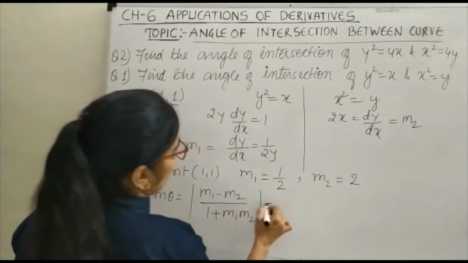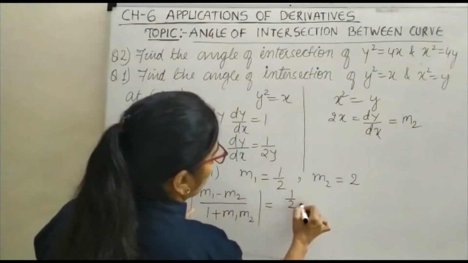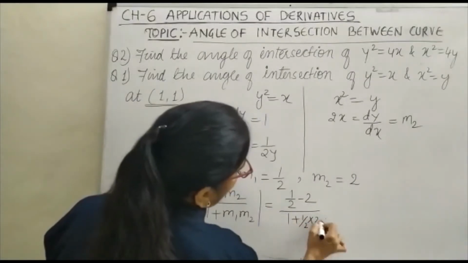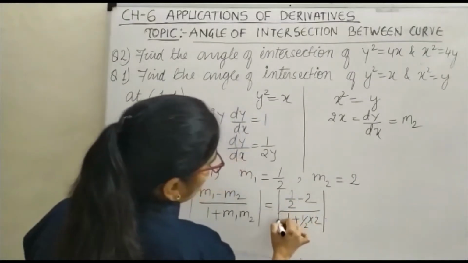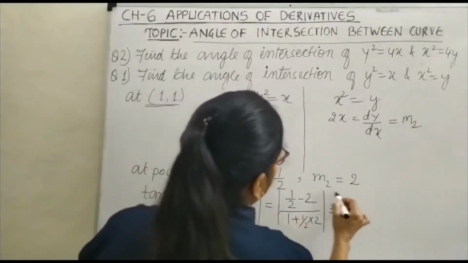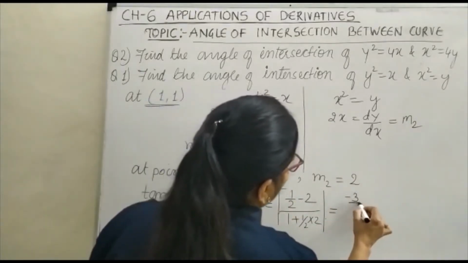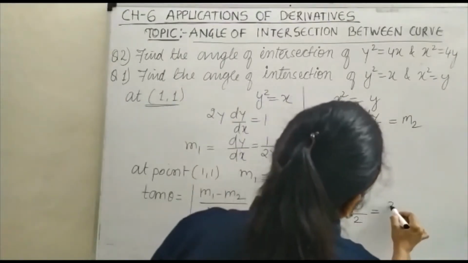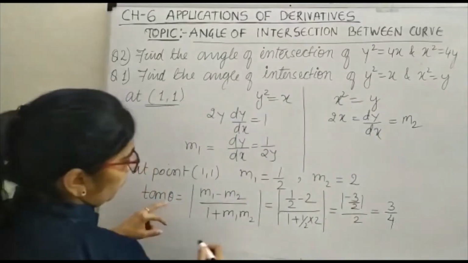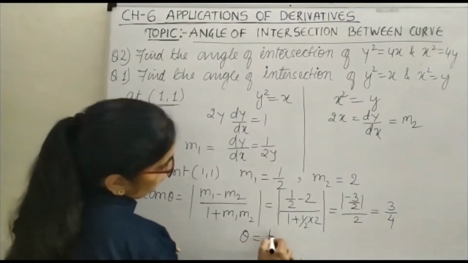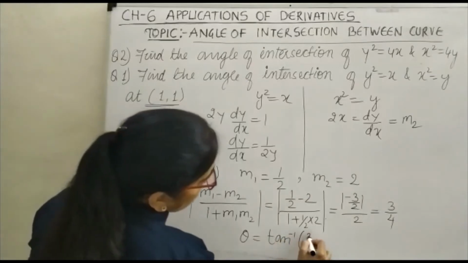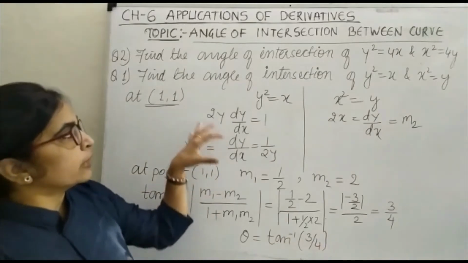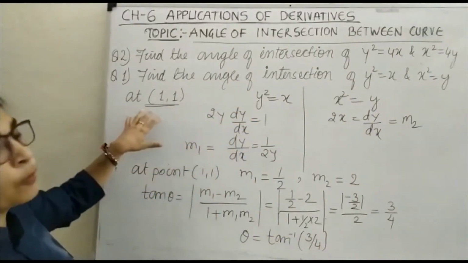This is equal to (half minus 2) upon (1 plus half into 2). Now this is equal to minus 3 by 2 upon 2, so this is equal to 3 upon 4. From here theta is tan inverse 3 upon 4. So this is how we can work out the angle between the two curves when the point is given.